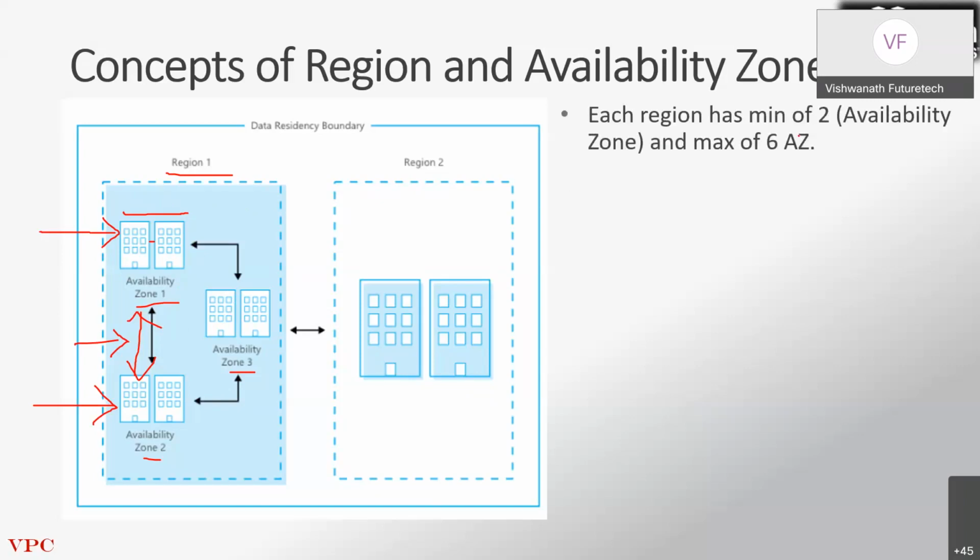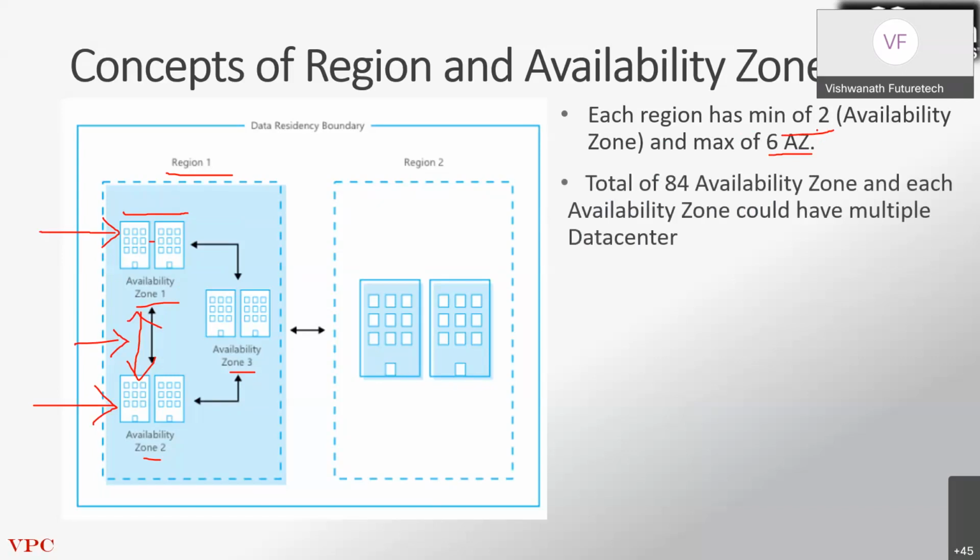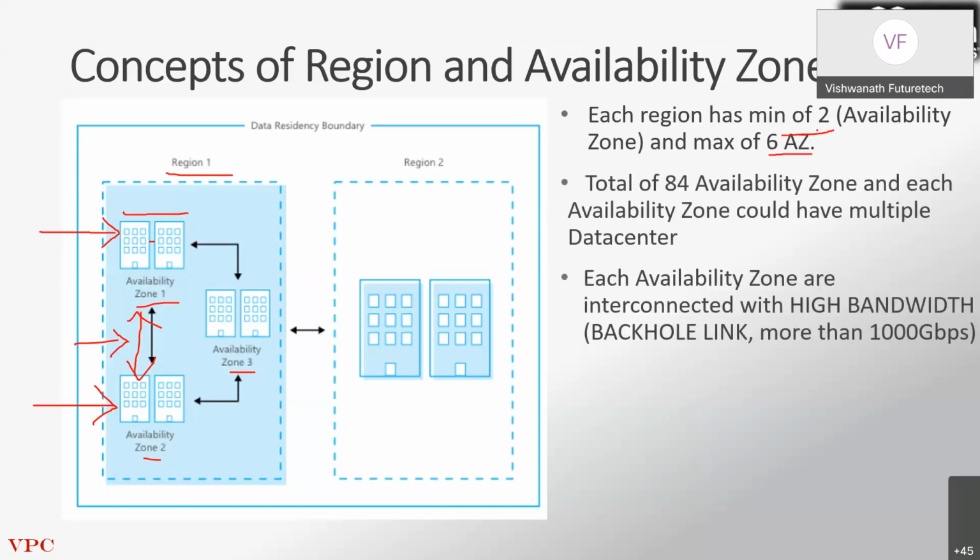Each region has a minimum of 2 and a maximum of 6, but on an average today, most of the regions have 3 availability zones, right? Each availability zone is interconnected with a high bandwidth.